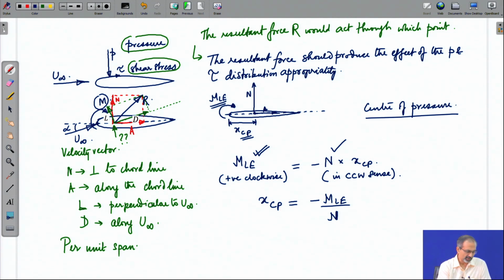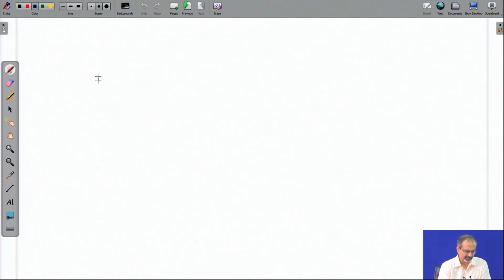So, let us try to re-emphasize the significance of the center of pressure once again by defining it.